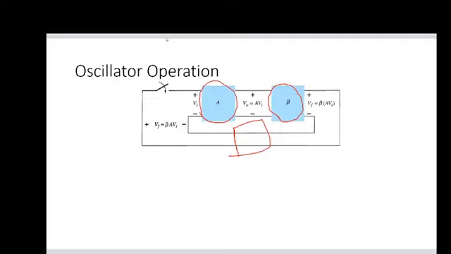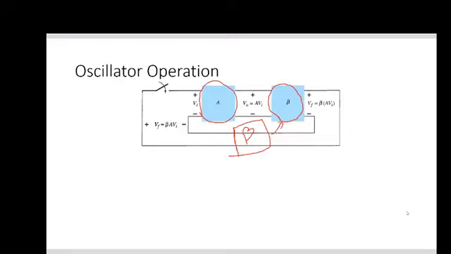There is no other difference; this circuit is no different from what you have seen for the amplifier. You must notice that a feedback amplifier is a negative feedback circuit, and the oscillator is a positive feedback circuit. These two are the key points that you have to keep in mind.